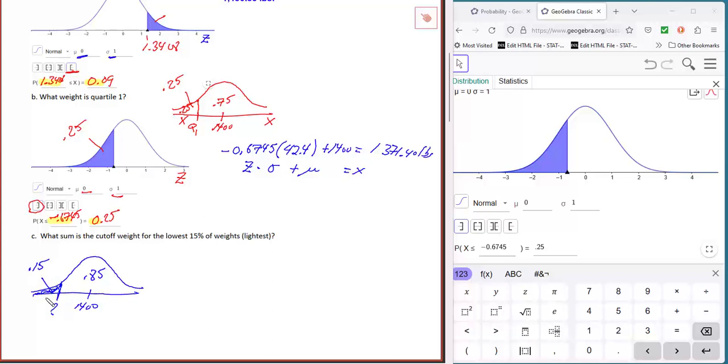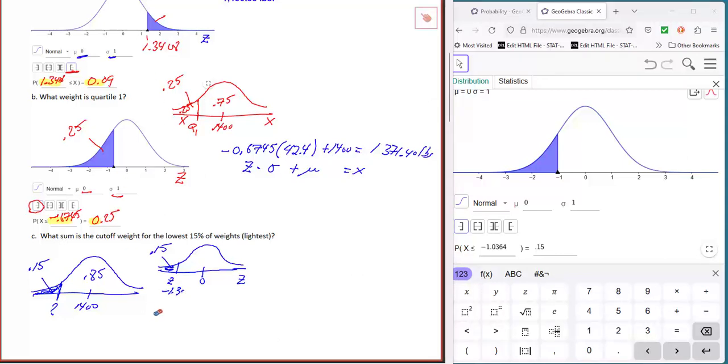Again, remember, the two must add up to 100%. The question is, what is that value? And again, what I'm going to do is find the z-score associated with this. So come over here, and the question is, what is this z-score? Which again has exactly the same area, 0.15. So I'm going to come over here to GeoGebra, type 0.15, hit return, and I get this value here, negative 1.3.